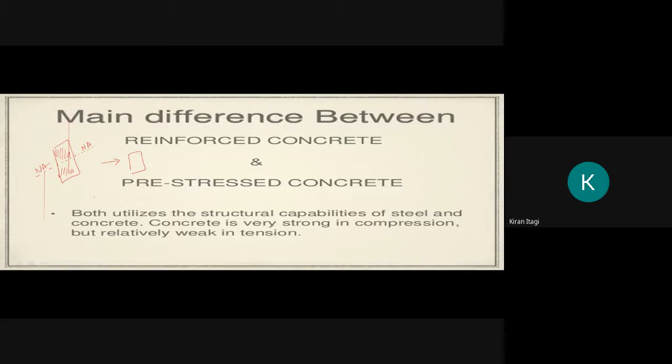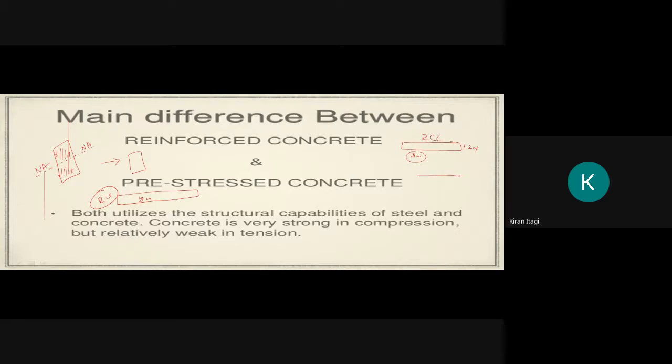The second difference is that because of self weight, a long span is not possible. So if you want to make a long span, say greater than 8 meters, RCC cannot be used. But in pre-stress concrete we can reduce the size also. Say this is my 8 meter beam, for example, and the depth is around 1.2 meters, and this is an RCC structure.